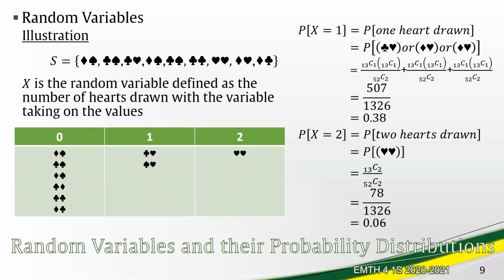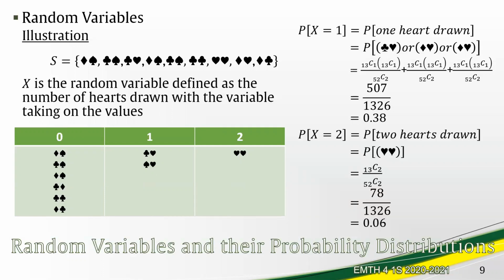You now divide 78 by the overall number of combinations for 52 taken 2, which is 1326, and that would yield a probability of 0.06. I forgot the probability of x equals 1 is 0.38.